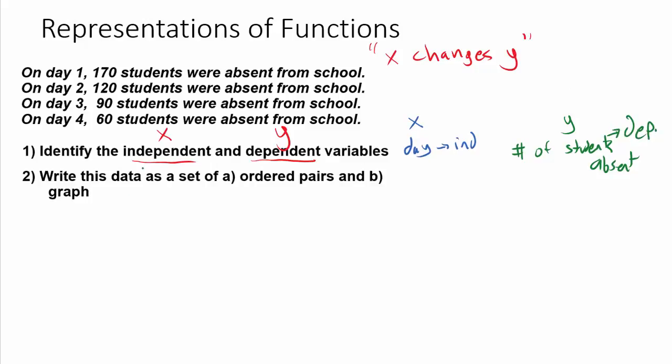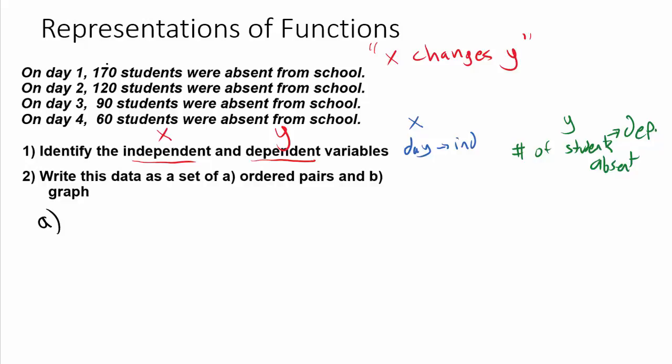Now, if we're writing this data in a few of these multiple representations, we'll start with an ordered pair here. To write this as a set of ordered pairs, what we first need to recognize is they could have told us this in any order. They could have said there were 170 students absent on day 1.